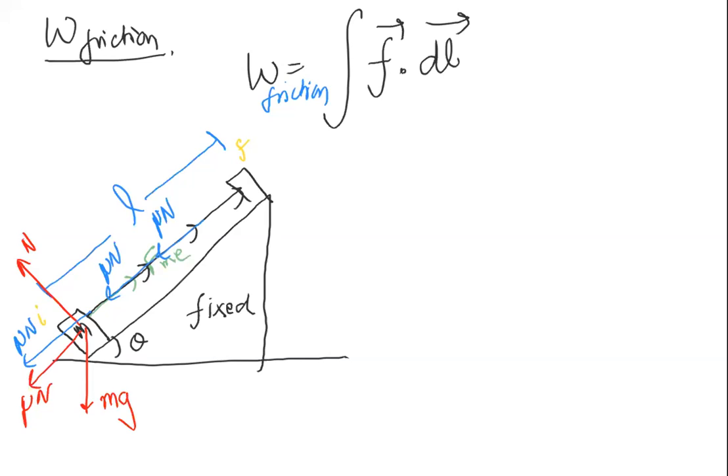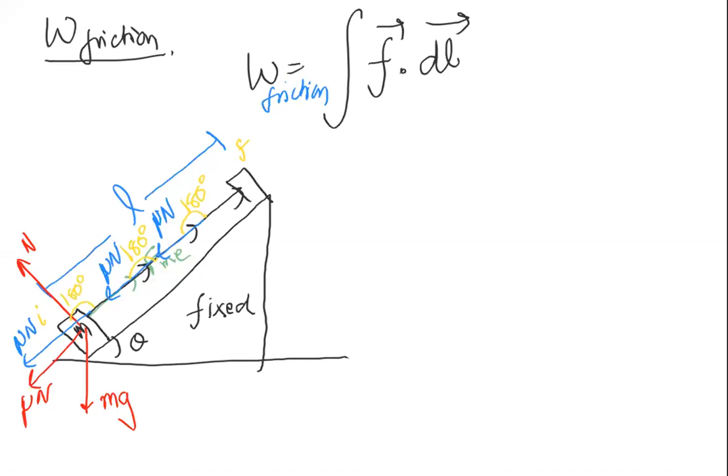Next, I need to find out the angle between the line element and the force for every line element. So here it is 180 degrees, right? Here it is 180 degrees, and here also it is 180 degrees. Obviously, I am taking it up, and friction is down the incline. Every step I take, the friction will always be opposite to the displacement of the object.